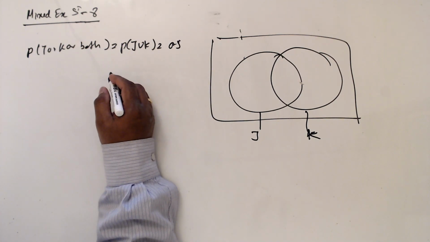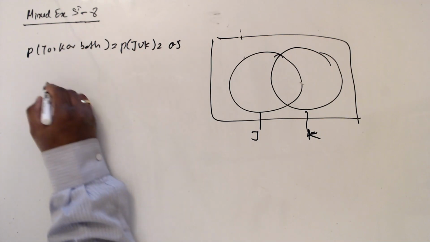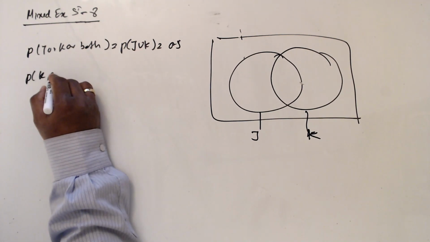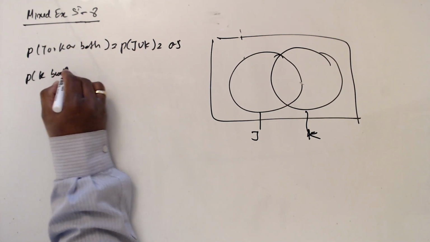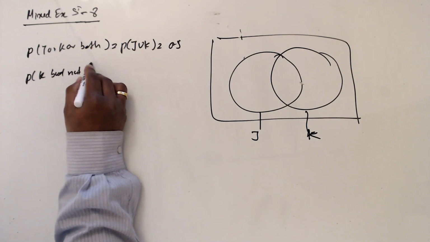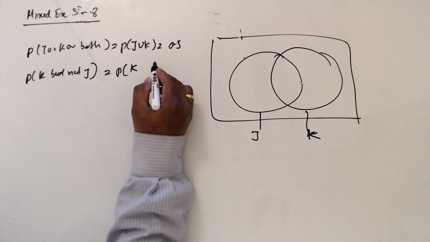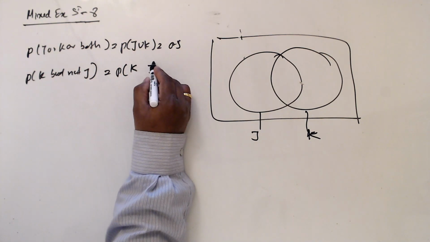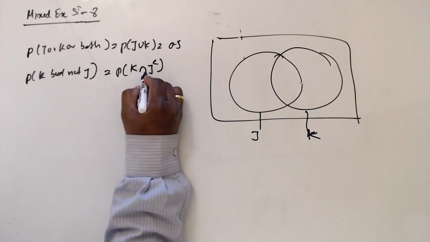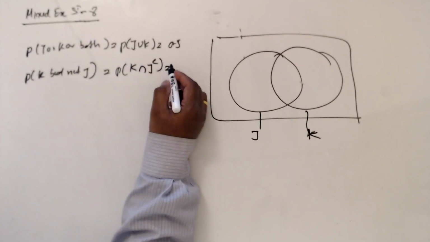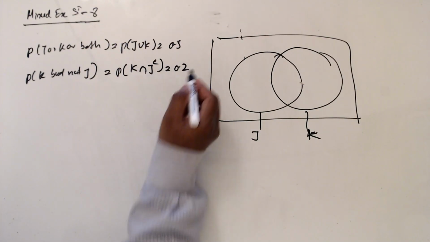So next one, probability of K but not J. So probability of K not J, K intersect J complement, is 0.2.